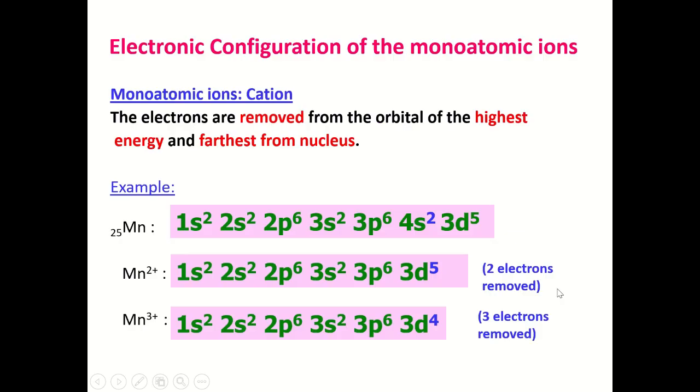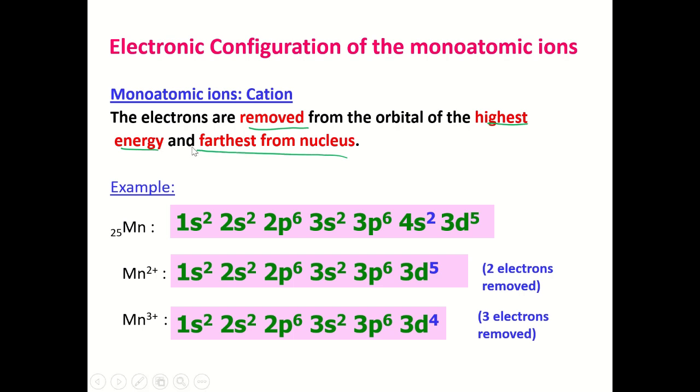Remember, when we want to form monoatomic ions, for example a cation, we need to remove electrons. So how are we going to remove electrons? Please make sure the electrons are removed from the orbital of the highest energy and farthest away from the nucleus.